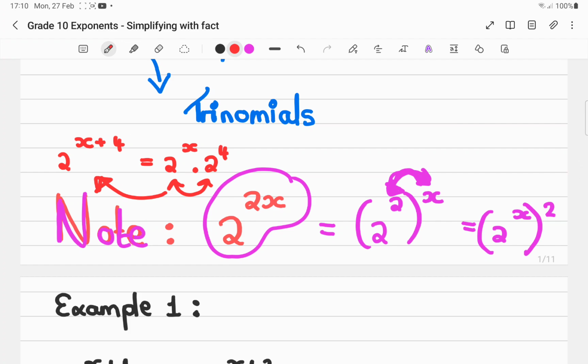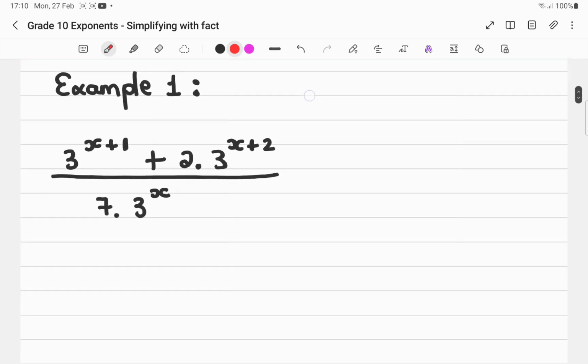So I just do the sum at the top, x plus 4. This is what I call splitsies. You take that base and apply it to both exponents at the top. You splitsies it, and the other one is the good old switcheroo. We're going to use these especially when we want to factorize in our exponential expressions.